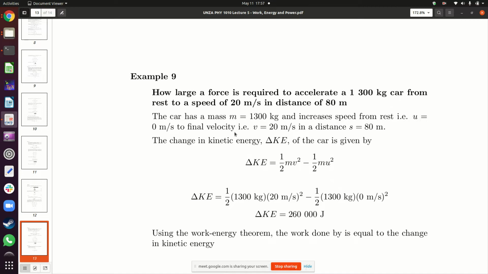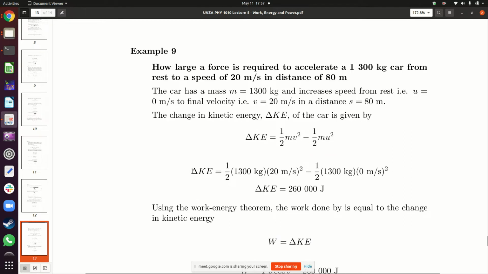Then it accelerates from 0 to 20 meters per second in 80 meters. Of course, in that case, we work out the change in kinetic energy. Clearly, this particular car gained kinetic energy. So we work out the final kinetic energy, which is equal to half mv squared, minus the initial kinetic energy.